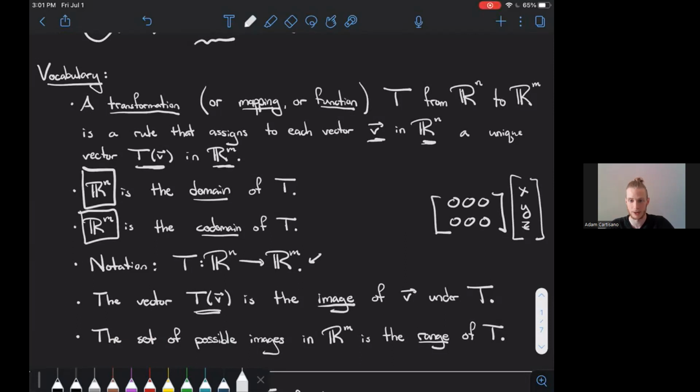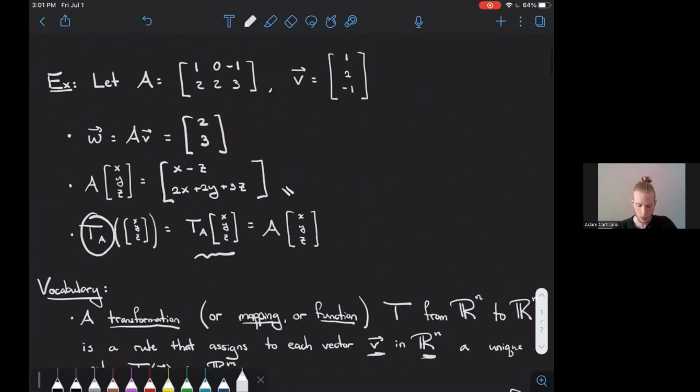The input vector x, y, z goes to the product of the zero matrix and x, y, z. That's going to be the zero vector every time. So the range, the set of possible images for input vectors, is just zero. There's no variety at all.